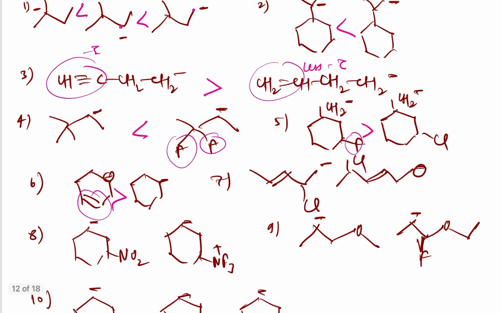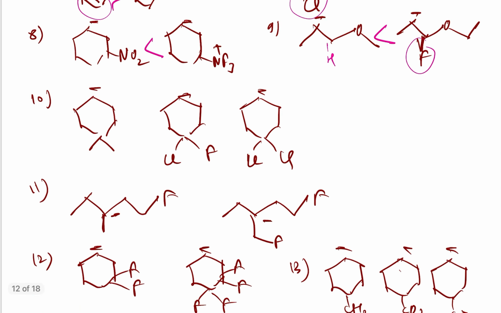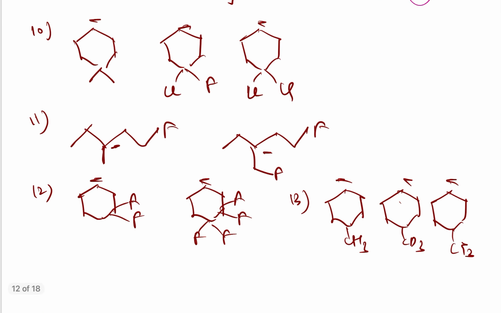And here the chlorine is closer to the negative charge, and here it is farther, so closer will exert more -I. NO2 and NF3 plus have more -I. And if fluorine is attached over here instead of hydrogen, it has more -I. Now, 2 chlorine, 1 fluorine, chlorine: it is first, second, and third.